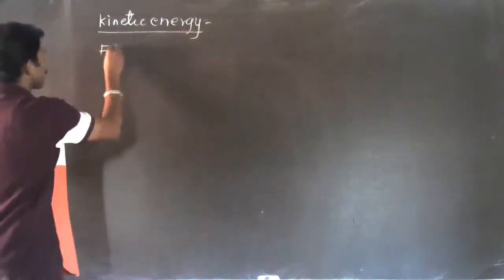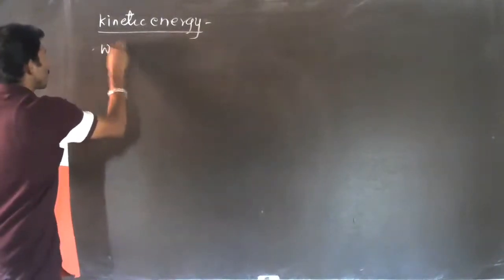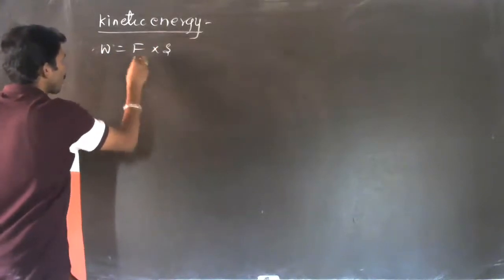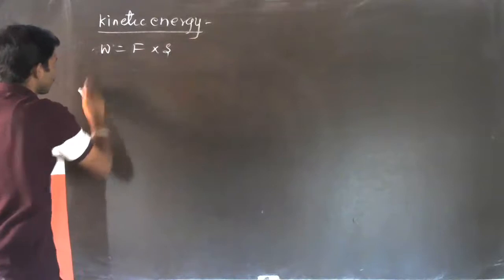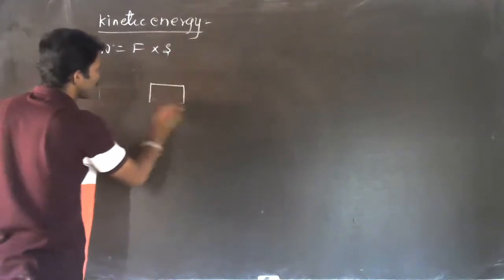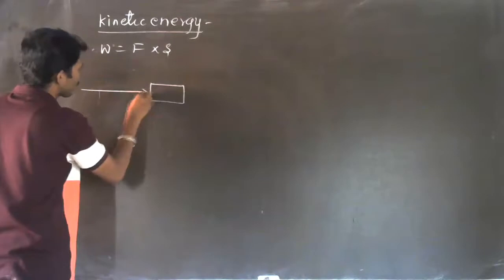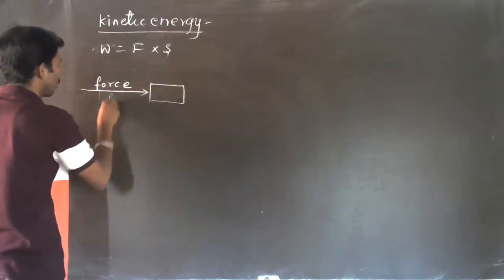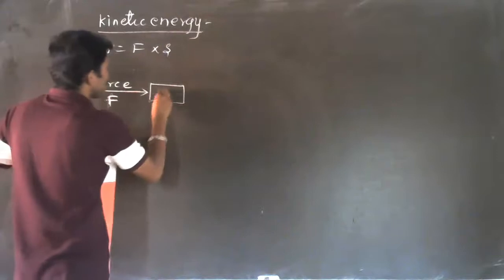We have studied the equation of work done, that is W is equal to F into S. Here F tells about the force applied on the object. See, this is the object. We are applying a force on this. It has a certain mass.